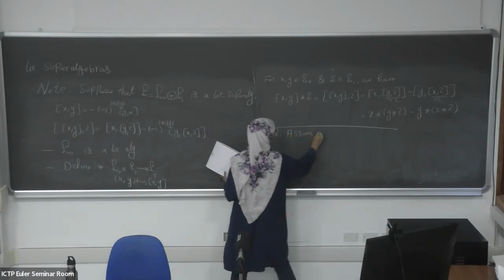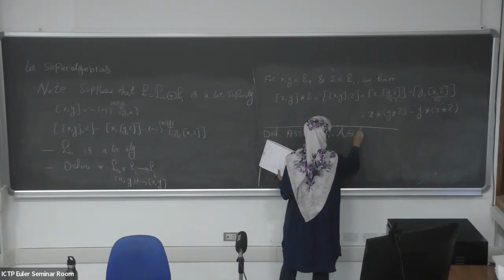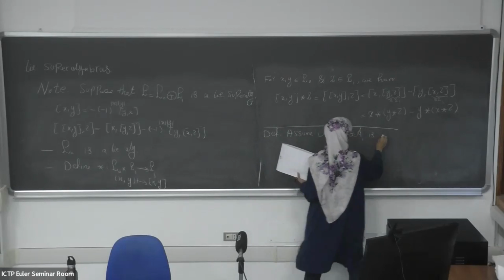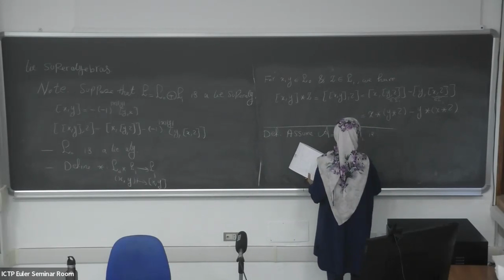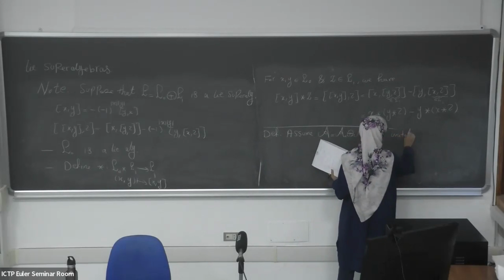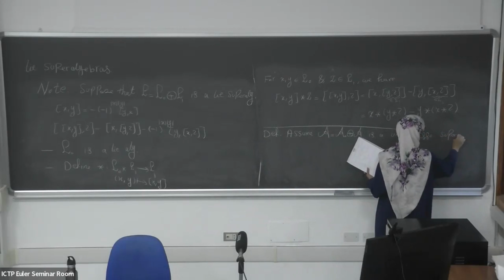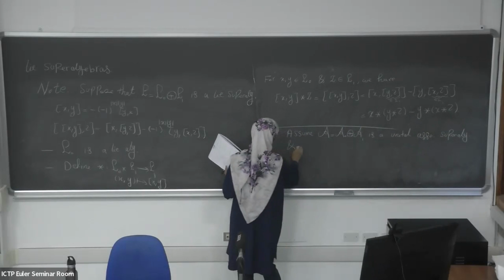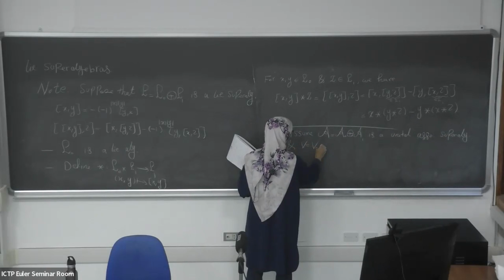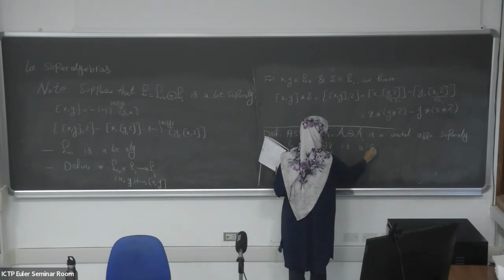Assume A is a unital associative superalgebra and B is a superspace.